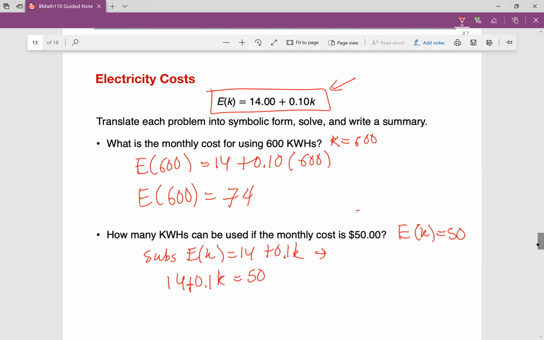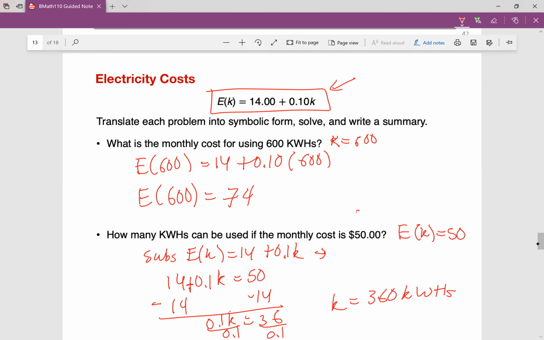And you solve for K now. I subtract 14 from both sides, and you're going to have 0.1K equal to 36. And lastly, you divide by 0.1 because it's multiplying K. So you will have K equal to 360 kilowatt hours.